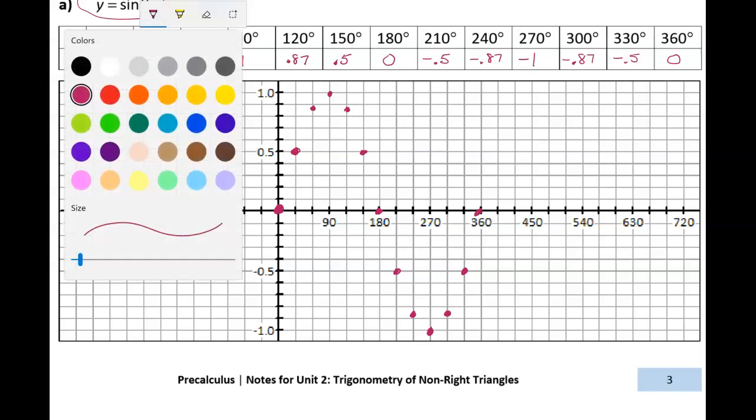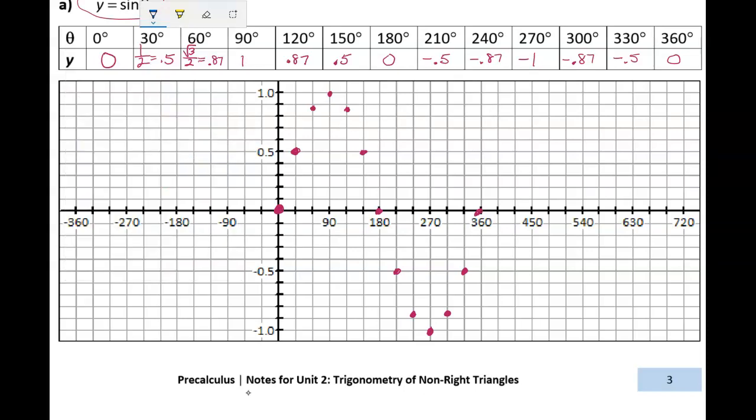Let's actually connect those points together. I'm just going to use a different color so we can see our points fairly accurately as well. So if we connect those with a nice smooth curve, I think we can agree this is not a straight line.